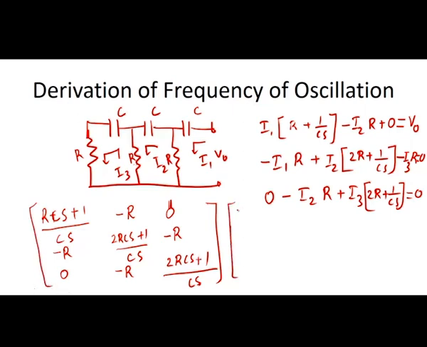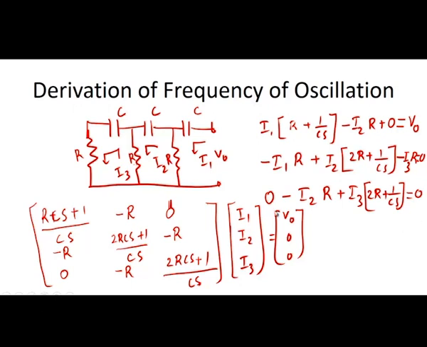And here I1, I2, I3 is equal to V0, 0, 0. So, if you multiply these 2 matrices, then you will get this equation.